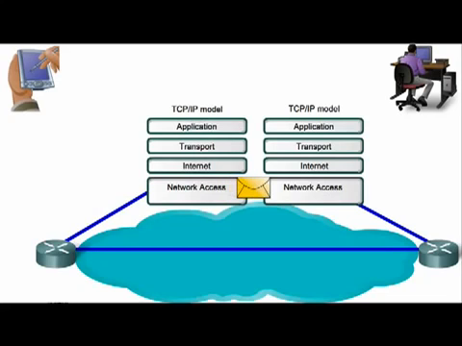Then, the generation of the data onto the media at the network access layer of the stack, followed by the transportation of the data through the inner network, which consists of media and intermediary devices such as routers and switches. Finally, the data is received at the network access layer of the destination device, where it is decapsulated, reassembled, and passed up the stack to the application layer.